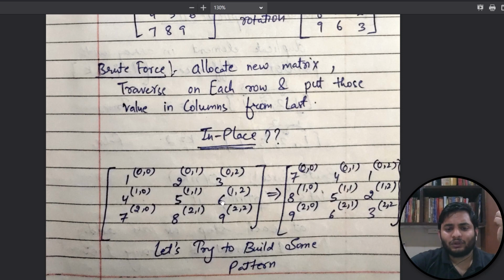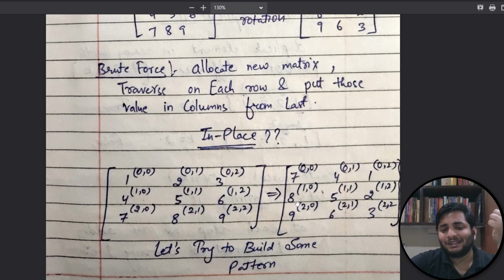Check another number, 6 at 1 2, it should be at 2 1, which is also correct. Another check for 9, which is at 2 2, it should be at 2 2. 9 is at 2 0, it should be here but is here. Okay. 1 at 0 0 should be at 0 0 but is at 0 2, right? And 2 at 0 1 should be at 1 0, which is this position but it is here.